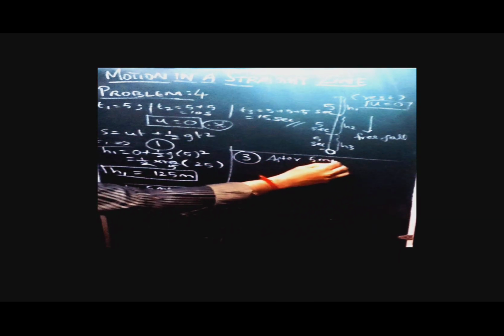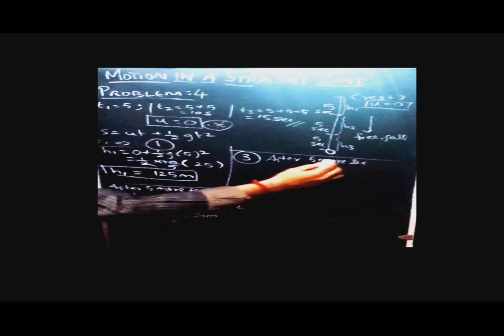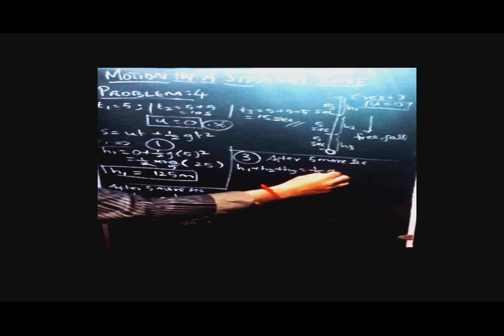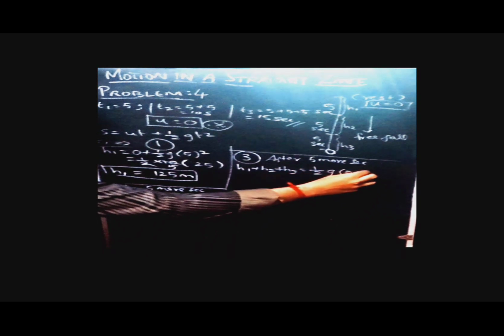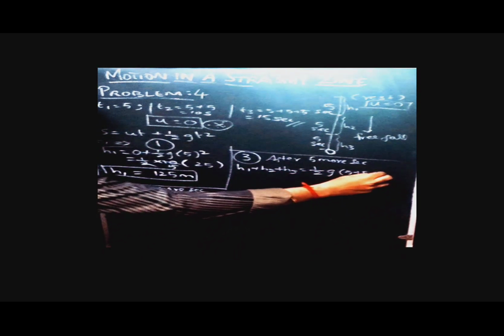The next part is the last and final part. The first part h1 we got as 125, h2 as 375. Now the third part, after 5 more seconds, can be written as h1 plus h2 plus h3 is equal to half into g into time taken as 5 plus 5 plus 5 the whole square.